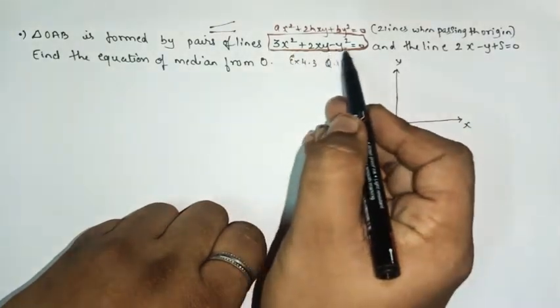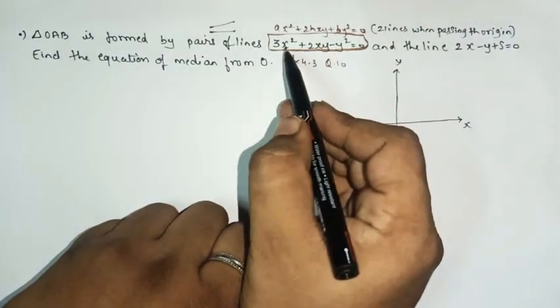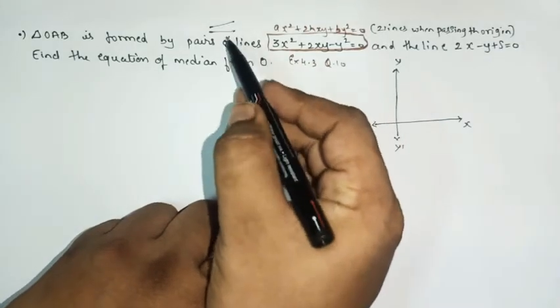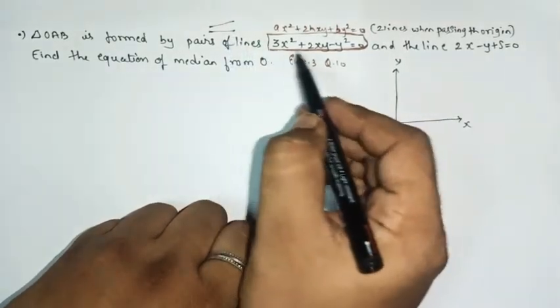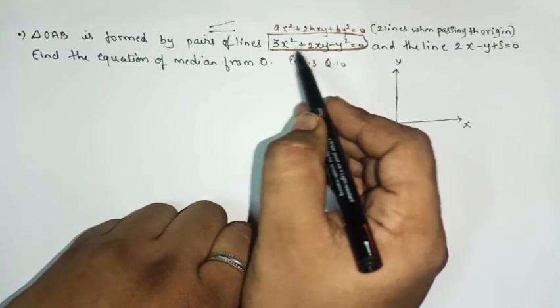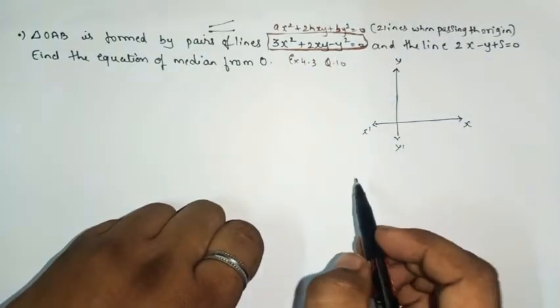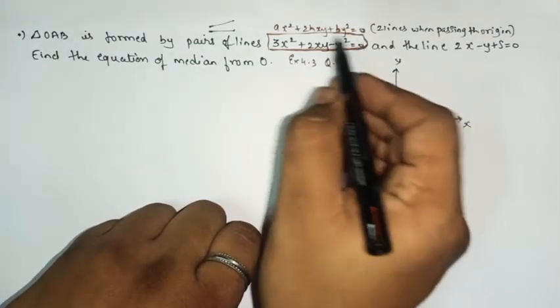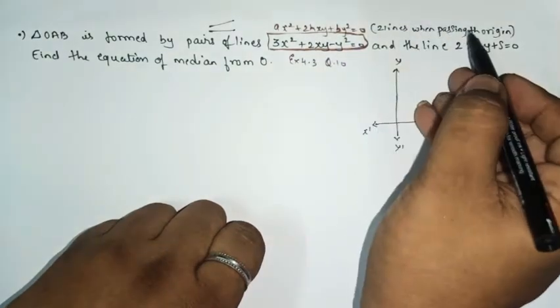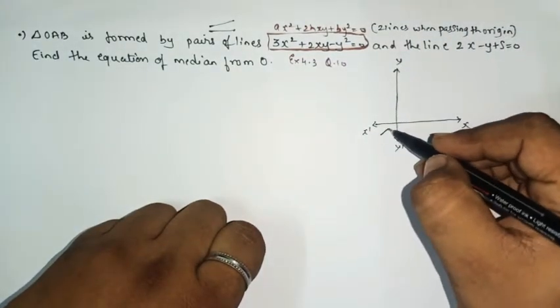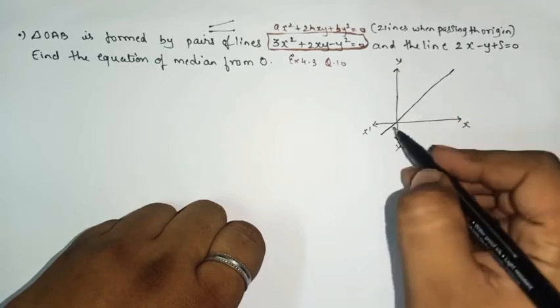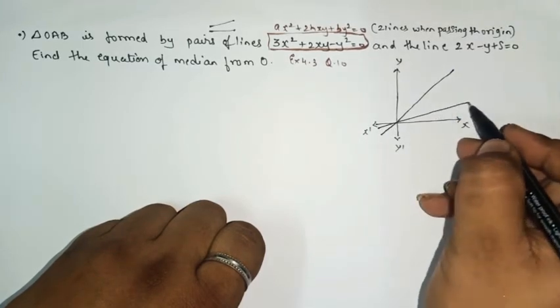The quadratic equation is known as a combined equation. When we have two linear equations and you combine them, you get a quadratic equation. And when the two lines pass through the origin, we'll draw two lines showing that they pass through the origin.